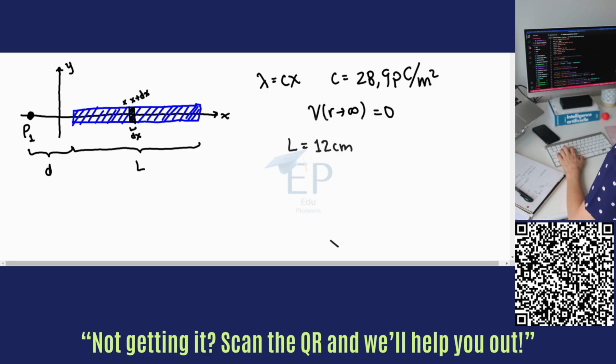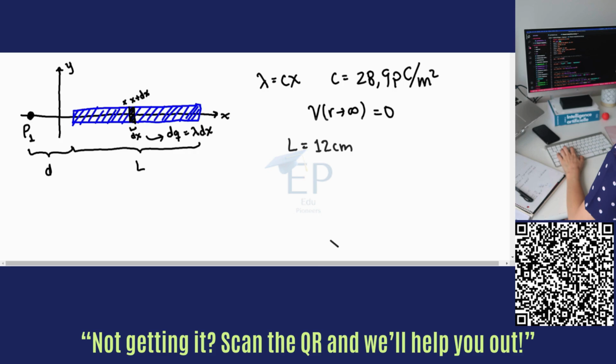It contains an infinitesimal charge dq, which is the linear density lambda times dx.